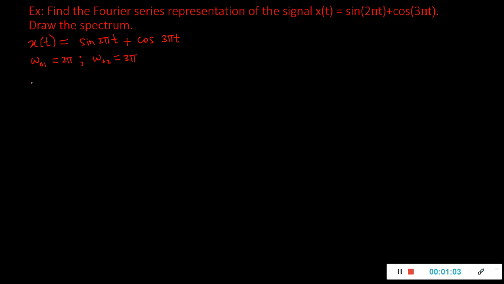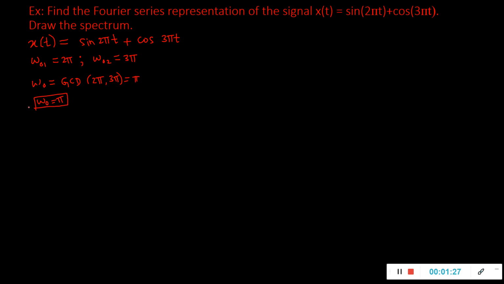And we know that omega naught is the fundamental frequency of the entire signal x of t, and that is given by the GCD of 2 pi and 3 pi. So the value of the GCD is going to be pi. So omega naught is nothing but pi radians per second.